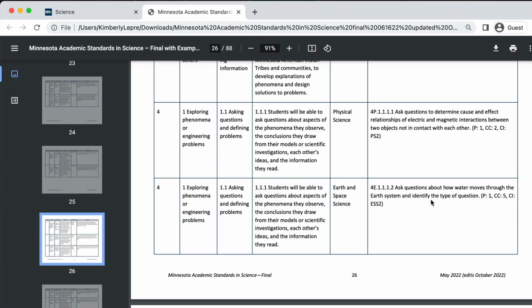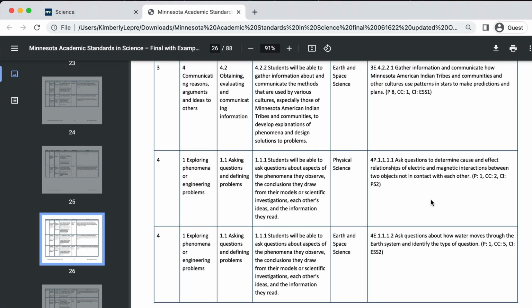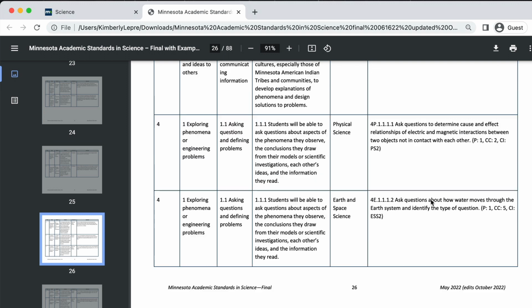That way I have an idea of the knowledge they should be coming with in that particular benchmark. And then also, what am I preparing them for in 5th grade? You can look at it both ways. In the beginning, though, I would just focus on your particular grade and your benchmarks. And then later on, as you get comfortable with those, you can start looking at the grade prior and the grade after.